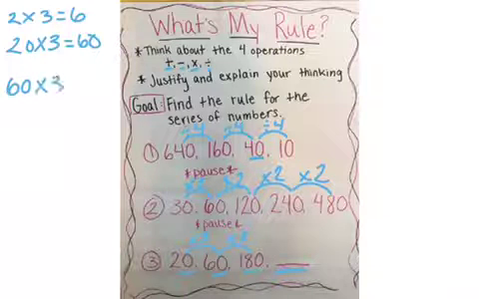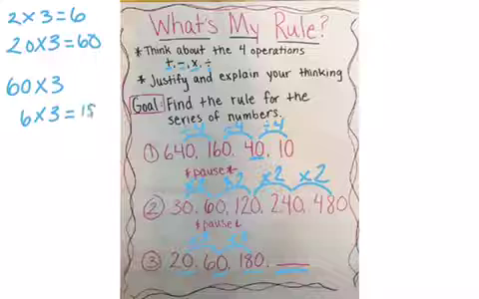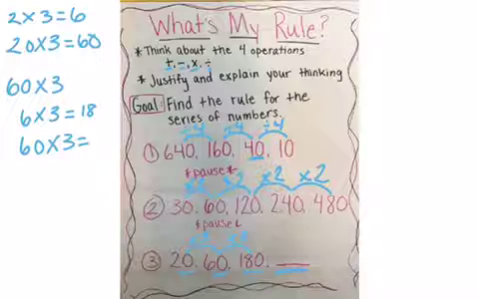60 times 3. Well, I know that 6 times 3 is 18. But I'm not just using 6. I have 60, so I have 6 groups of 10 there. So I would have 60 times 3, which would be 180.